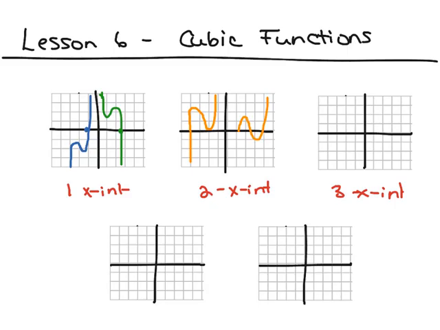So it goes down, touches it, and comes down. Three x-intercepts goes through both times. So it crosses once, twice, and then three times on the way up. So it would look like that as well. So 1, 2, 3 different x-intercepts.